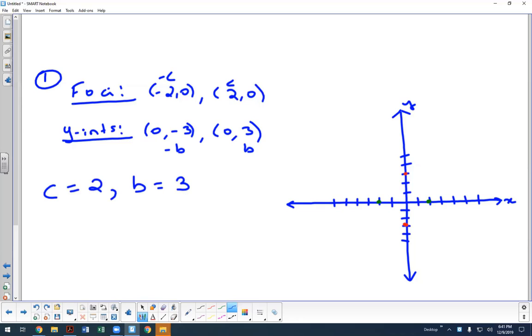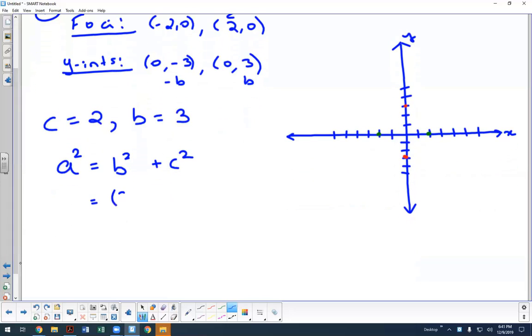You don't have to worry about the negative parts because we square everything. The relationship between a, b, and c is the important one here. That was defined as a squared equals b squared plus c squared, kind of like the Pythagorean theorem, but in a different order.